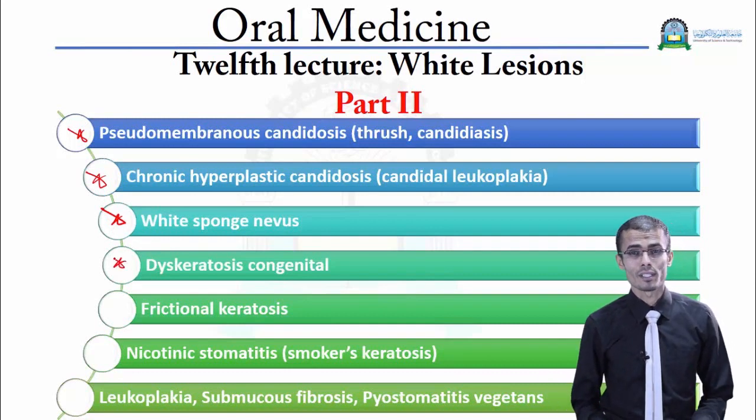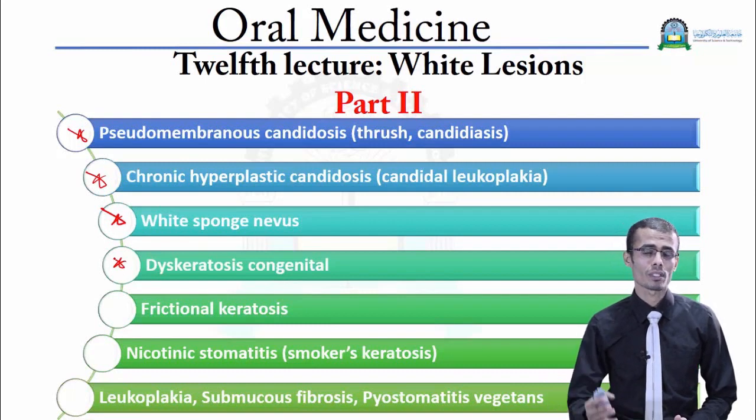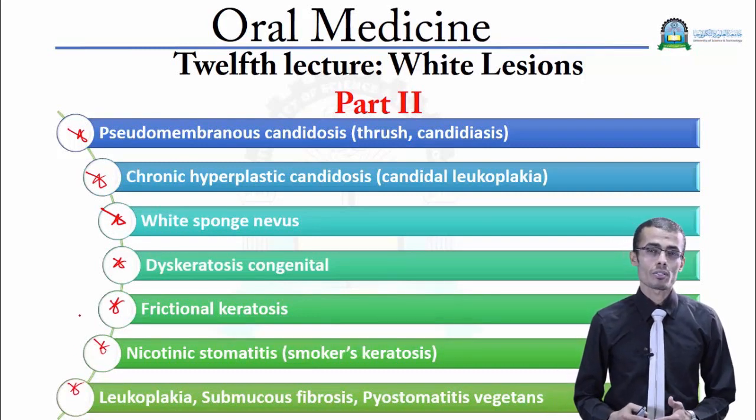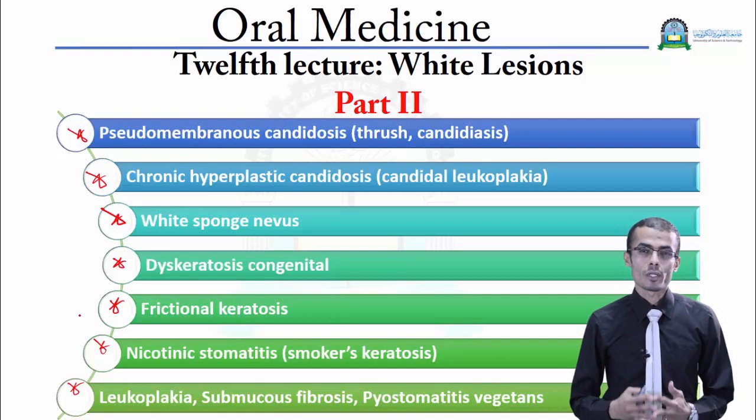And also we'll talk about other white lesions such as frictional keratosis, nicotinic stomatitis, and also the smoker's keratosis, the same name. And also we'll talk about leukoplakia, submucous fibrosis, as well as stomatitis vegetans.